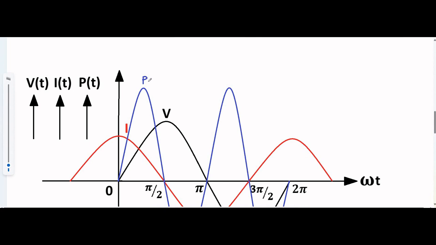So here also we'll do the same thing. We'll divide the entire thing from 0 to 2 pi into pi by 2 radians segments. From 0 to pi by 2 on the omega t axis, current is positive in the upward direction, voltage is positive, and power is the product of voltage and current, positive into positive, so power is also positive.